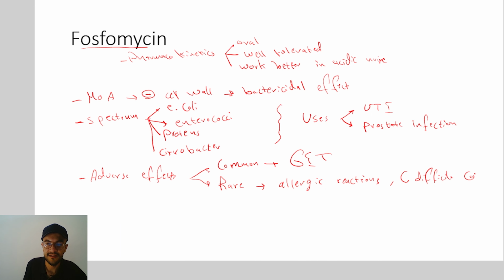It causes Clostridium difficile colitis because it kills the intestinal flora and leaves the resistant organisms, including Clostridium difficile. This would lead to the Clostridium becoming more dominant and growing really quickly, leading to Clostridium difficile colitis. This presents as abdominal pain and diarrhea and is treated with metronidazole as a first line and vancomycin as a second line.